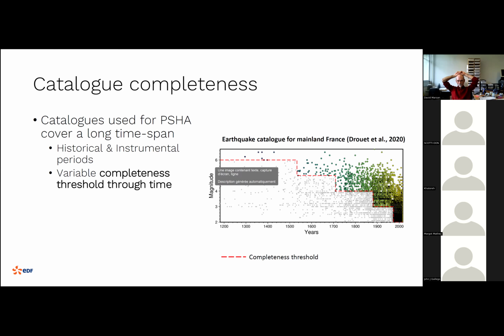So we have estimated for this catalog a completeness threshold that is represented by this dashed red line. So you clearly see that you have very different periods. Here you have the beginning of the instrumental period with the detection of lower magnitude events. And you have also a historical period, which is characterized by much higher completeness levels.